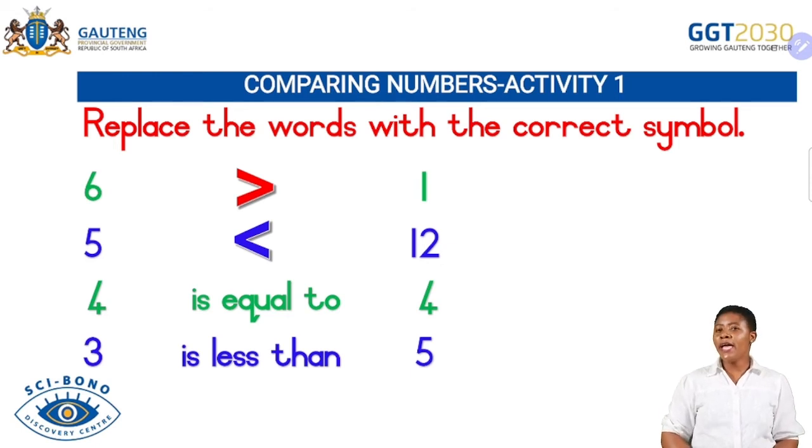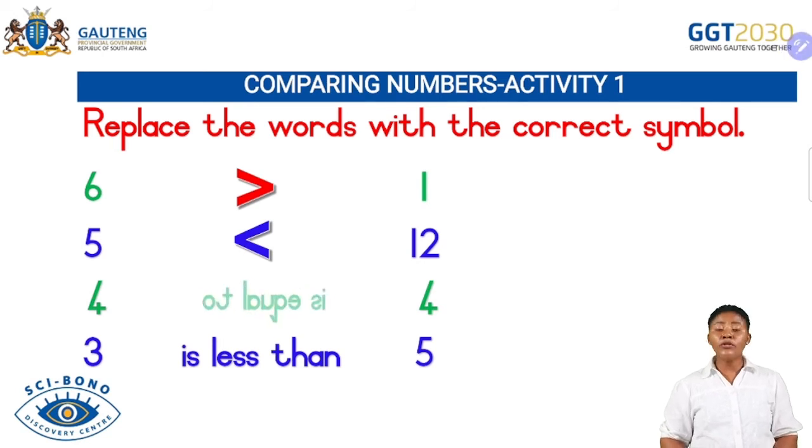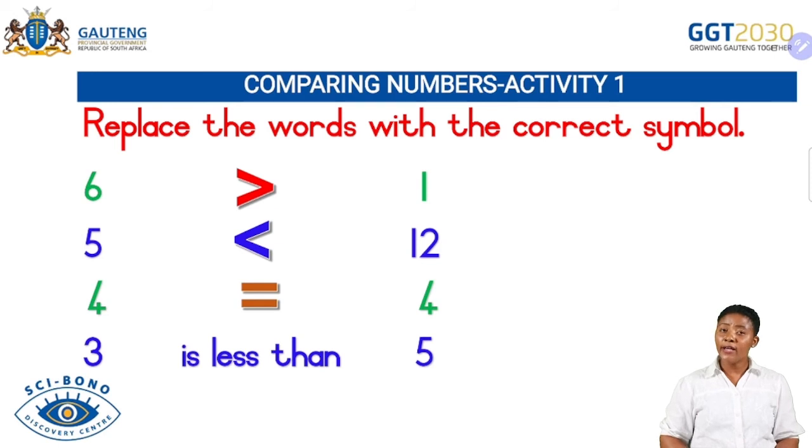And then we have number 4 and number 4 again. So what do we say? Remember, they are equal. So we say number 4 is equal to number 4 because they are the same. So we use the equal sign to show that they are equal.